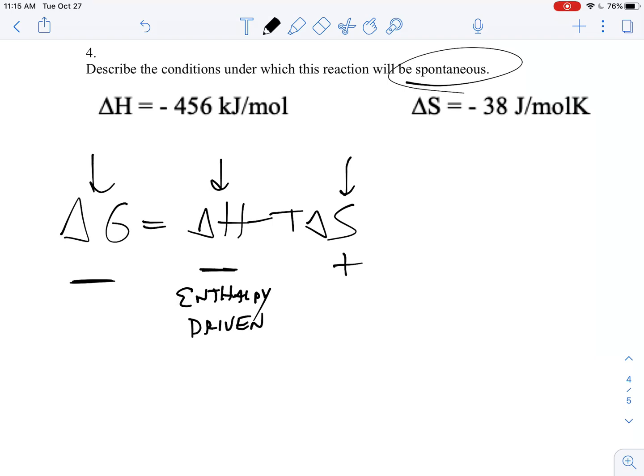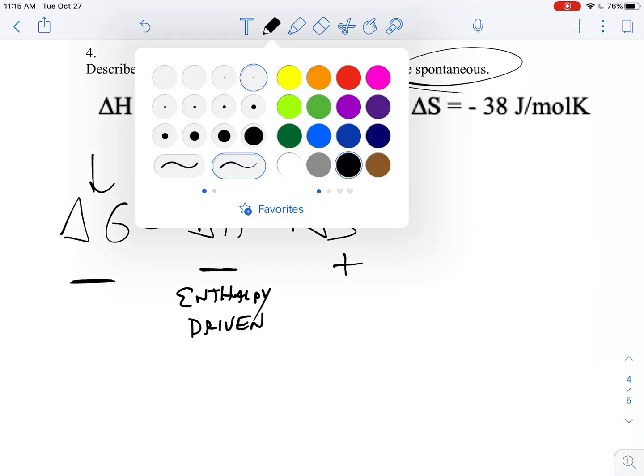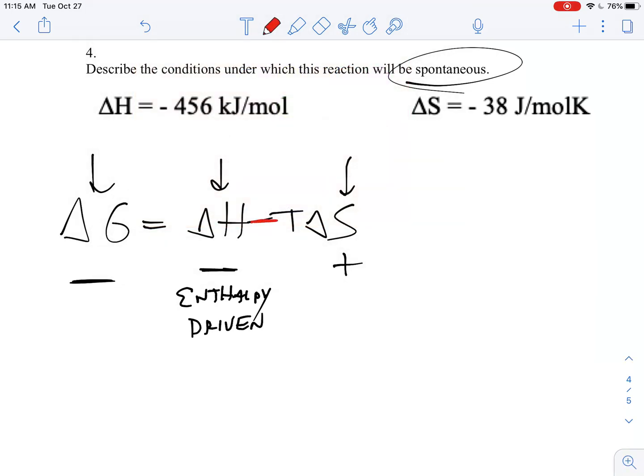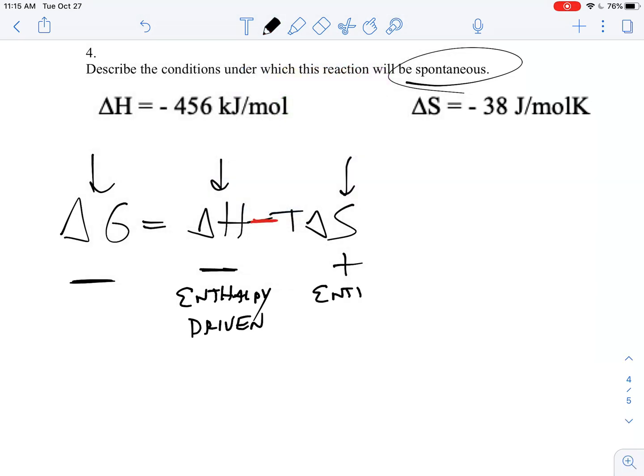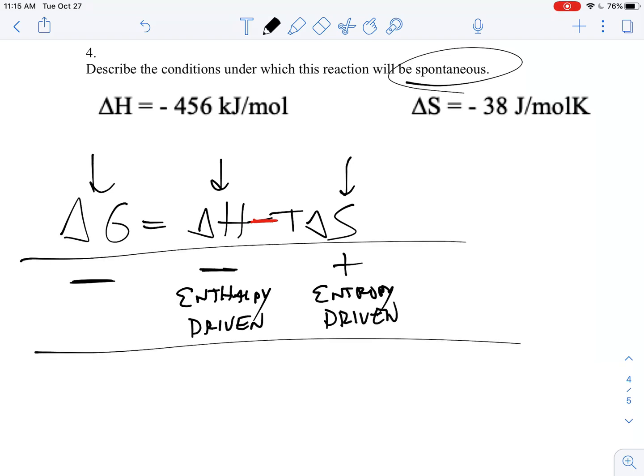Because if that guy is positive, you will then be subtracting a positive number, and if you subtract a positive number here, then that's going to make him more negative. So if delta S is positive, then it's considered to be entropy driven. So that is your first possible circumstance here.